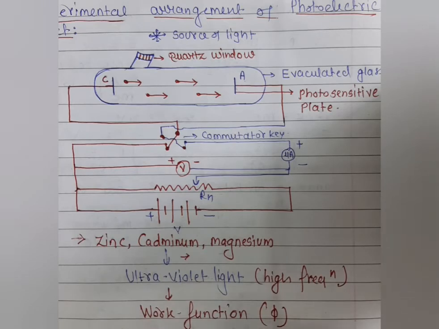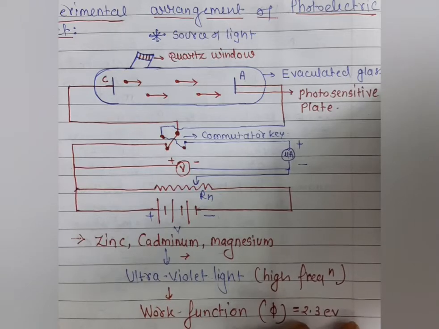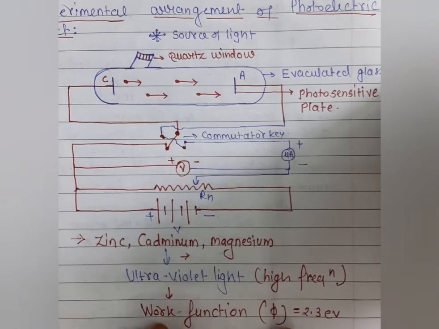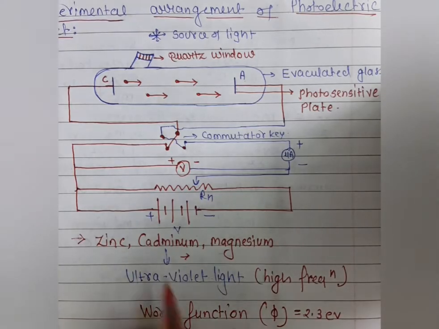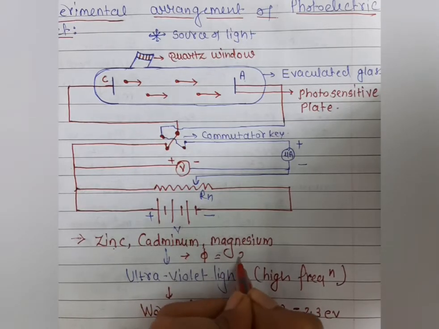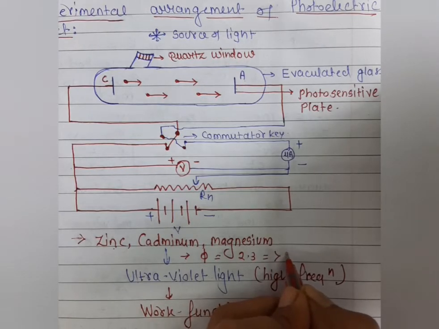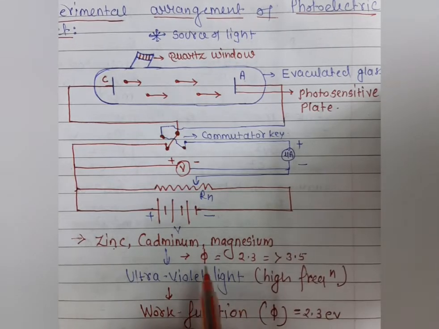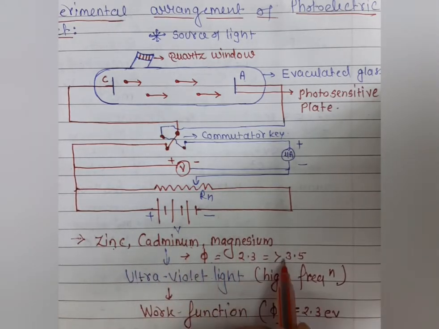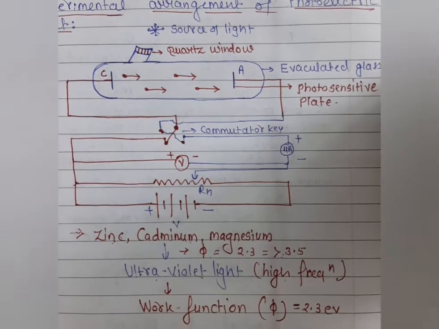If I take an example, the work function is like 2.3 electron volt. This is the minimum work function needed to eject an electron from the surface of the metal. So if the value of phi for a metal is nearby 2.3, or greater than 2.3, like for example 3.5, then ultraviolet rays are enough to eject the electrons from the surface of the metal, because the work function is very important to eject the electron.